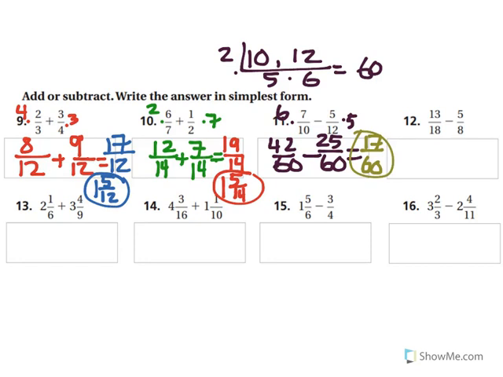Let's go ahead and try our last one here. I have 18 and 8, so I'm going to put my 18 and 8 over here. I can divide these both by 2, and I get 9 and 4. Nothing else I can factor out, so I'm going to do 9 times 4 is 36, times 2 is 72.